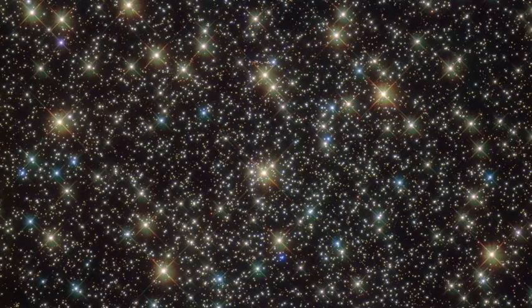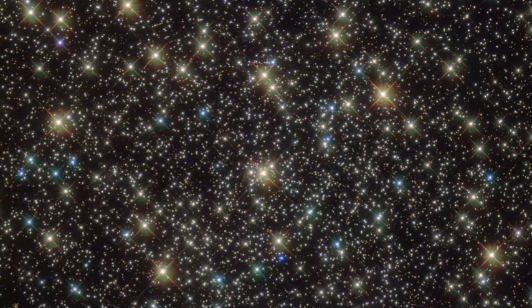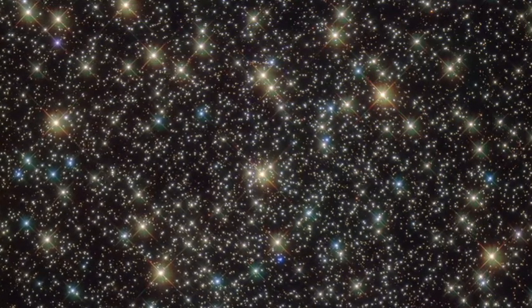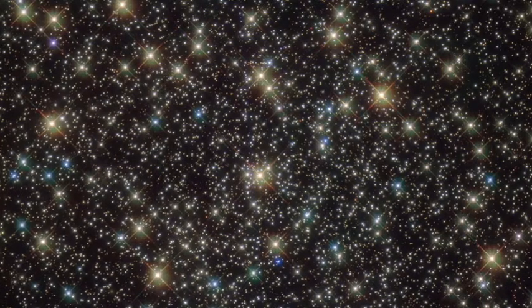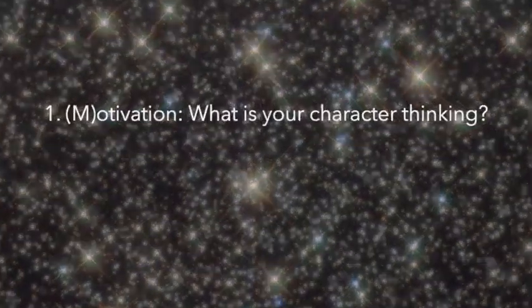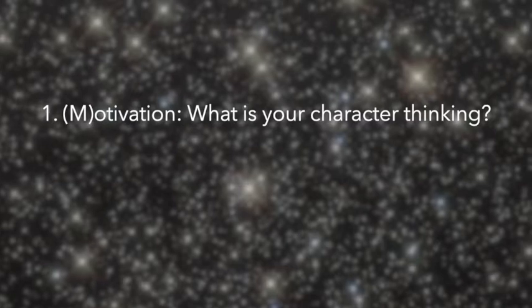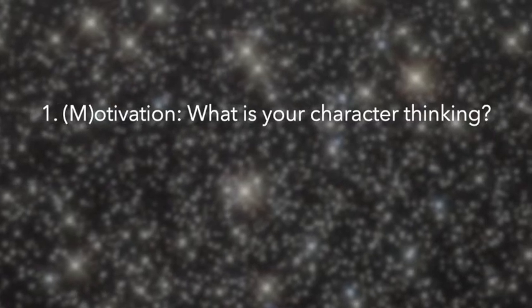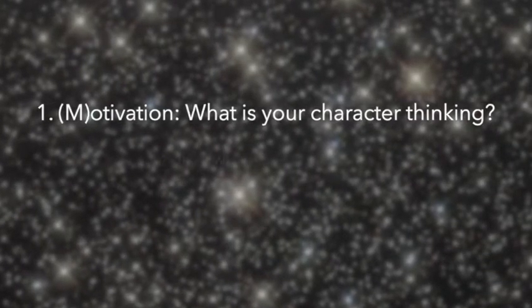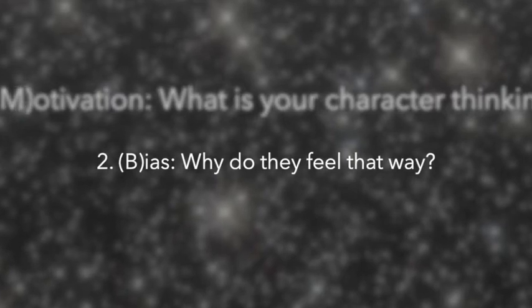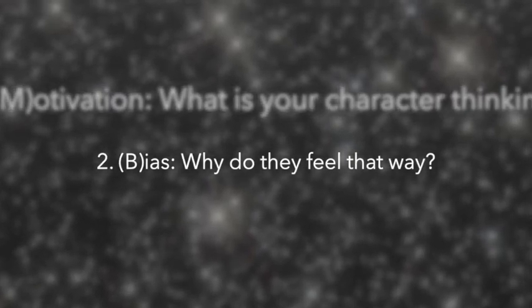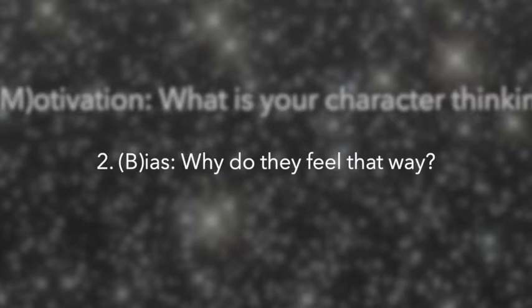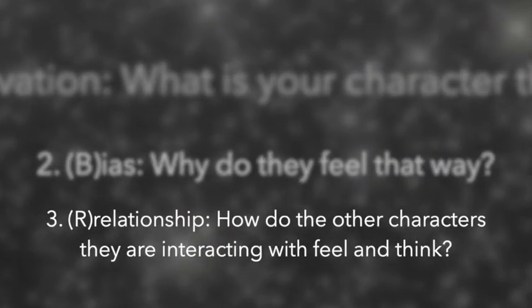But lastly, I want to give you some questions to think about while you're developing your character's motivations, biases, and relationships. Number 1, motivation. What is your character thinking? 2, bias. Why do they feel that way? 3, relationship.